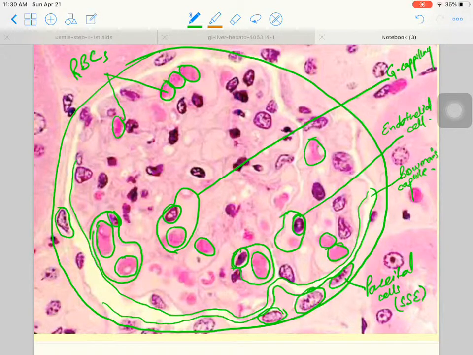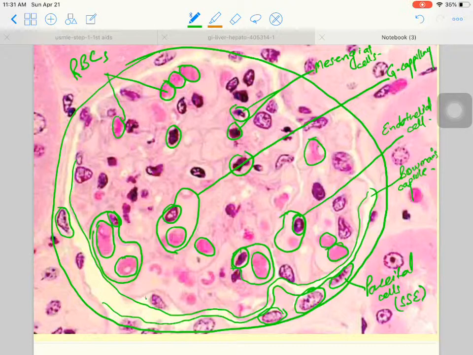Okay, and the next cells here are the mesangial cells. You can see these are the mesangial cells, which sometimes act as macrophages. In the next group of cells here, the podocytes.